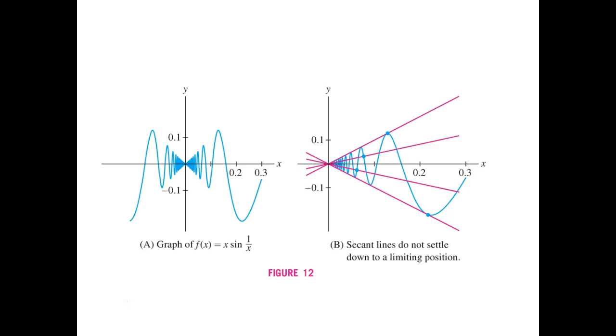Another thing is, the closer you get to 0, it's never defined at 0. You can't because it's 1 over x. But what's more, you won't find the slope will be linear either. Because no matter how far you get, it just keeps going crazy. The closer you get, the more rapidly it goes up and down.